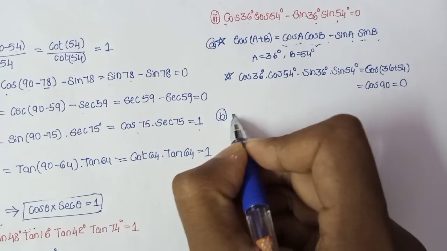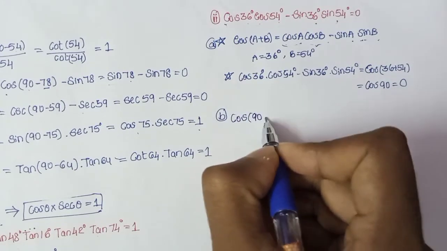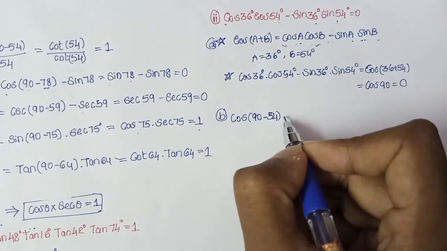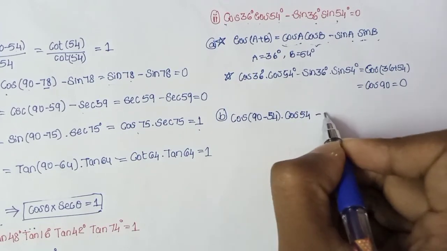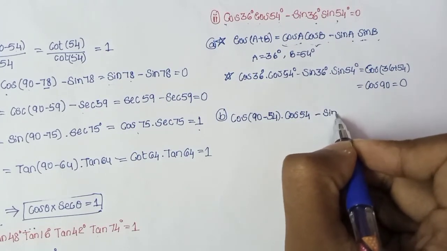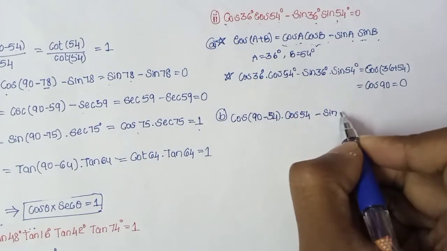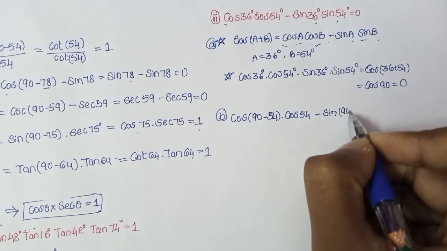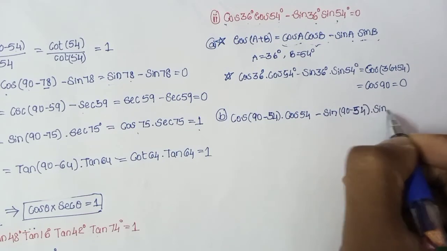Here I can write 36 in terms of 90 minus theta, that is 90 minus 54 is equal to 36, into cos 54, minus sin 36, which is sin of 90 minus 54, into sin 54.